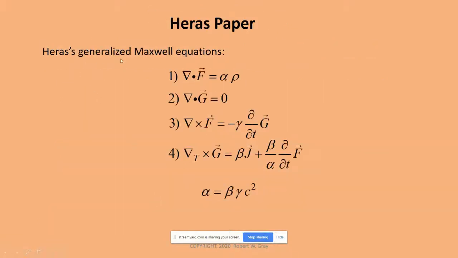So in Heras's paper, he derives these generalized Maxwell's equations. Okay, and alpha, gamma, beta, these are coefficients to be determined. C squared is a velocity, not necessarily the velocity of light, particularly if you're not talking about electrodynamics. It's a speed of wave propagation.